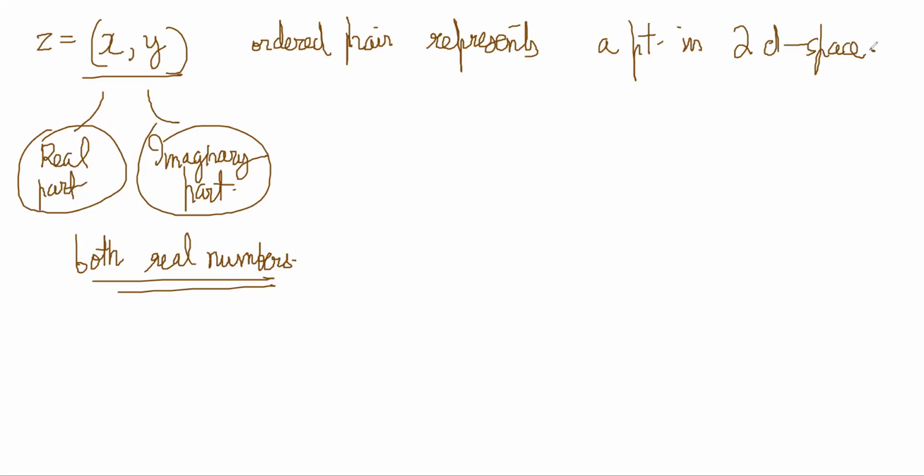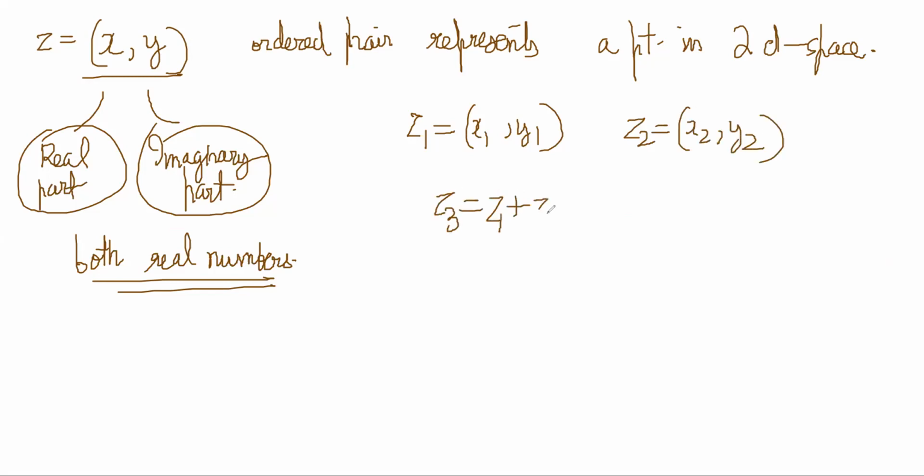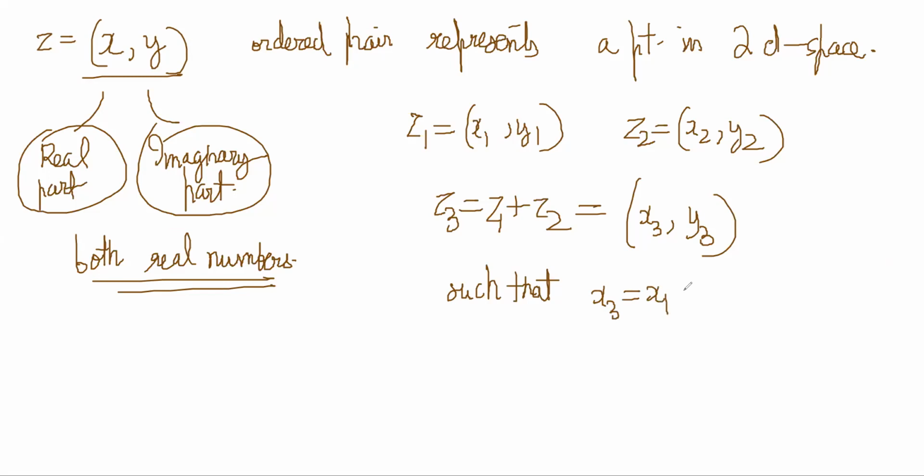Now, how is that useful? That is useful because now you can define operations on these complex numbers. Suppose z1 is (x1, y1) and z2 is (x2, y2). Then z3 = z1 + z2 will be a third point (x3, y3).